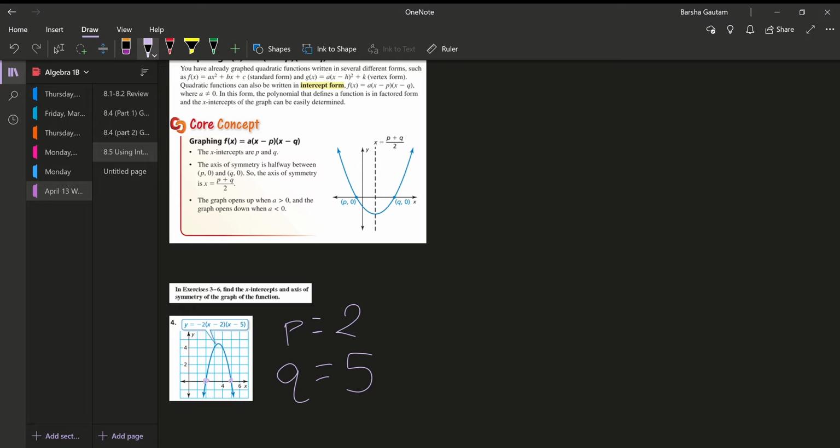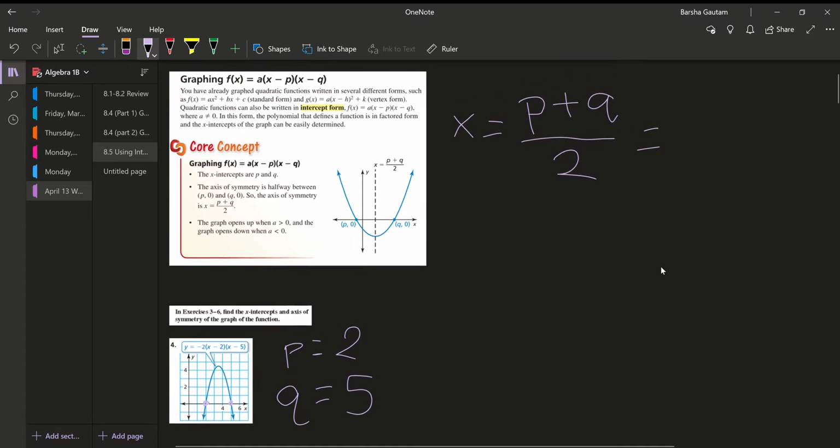So from here, how can we figure out what the axis of symmetry is though? To figure the axis of symmetry out, we can go ahead and plug it into this equation right over here. So our axis of symmetry is going to be equal to x equals p plus q divided by 2. So we can plug that in right there.